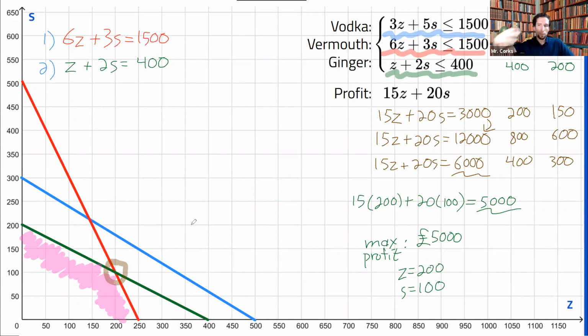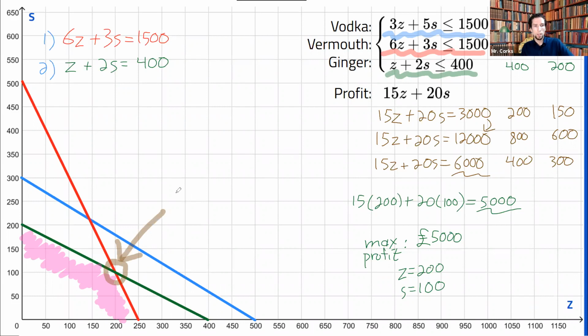Let's try to apply this to the real world situation, back to this drink manufacturing company. They have a limited supply of vodka and vermouth and ginger. The way to maximize their profit is to use this point here. It's on the limits, on these constraint lines for red and green, for vermouth and ginger.